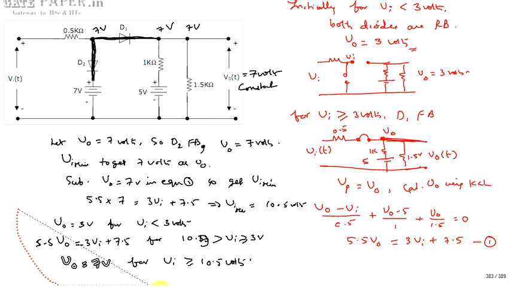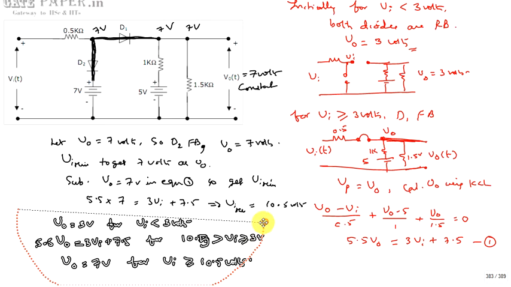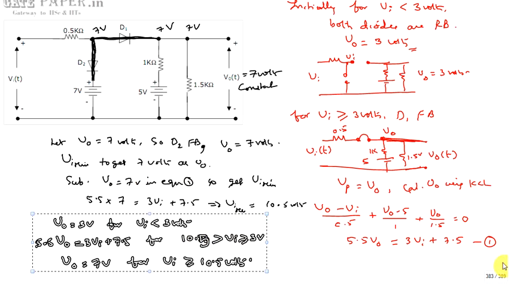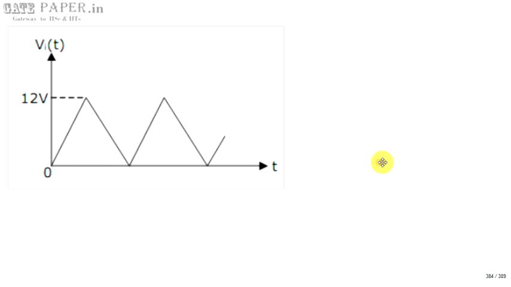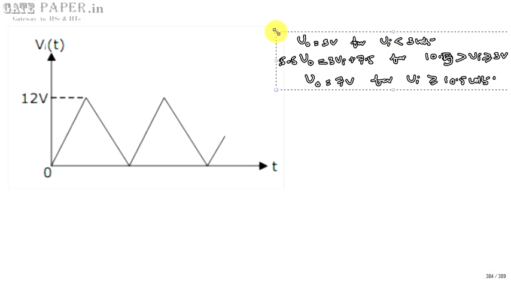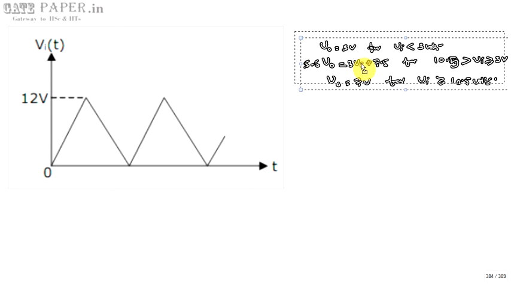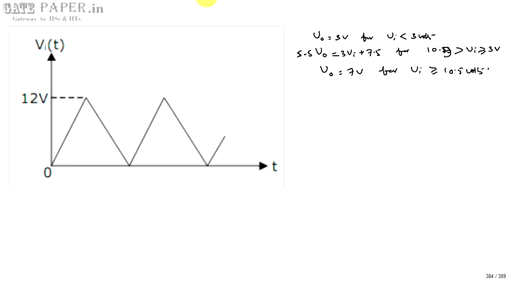we are going to draw the corresponding V0 waveform for the input voltage. This is the input voltage, and these are the corresponding values of V0 that we are going to write. So first I am identifying the Vi values. Let us assume this is 3 volts, and next this will be equal to 10.5 volts of Vi. So I am writing the corresponding V0.